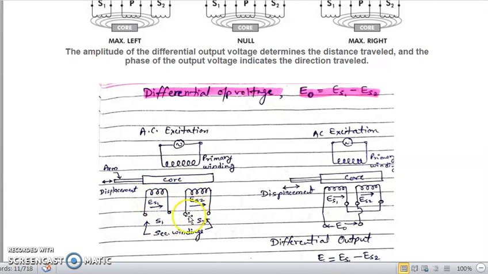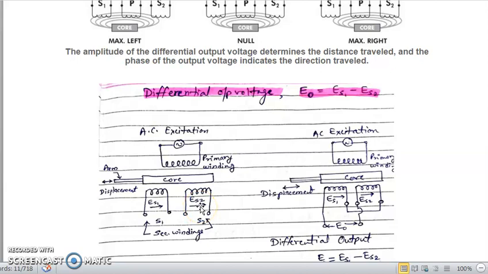In this diagram, since the S1 and S2 windings are open, according to the polarity of this AC signal, an EMF will be induced: across winding S1 the EMF is ES1, and across winding S2 the EMF is ES2.